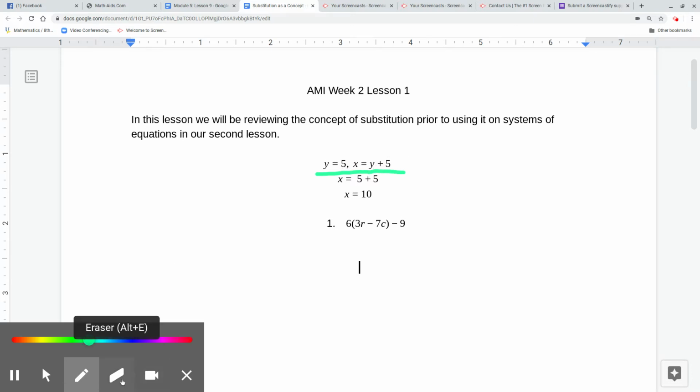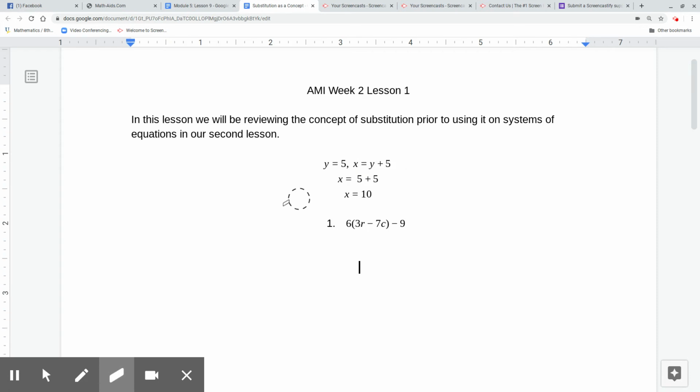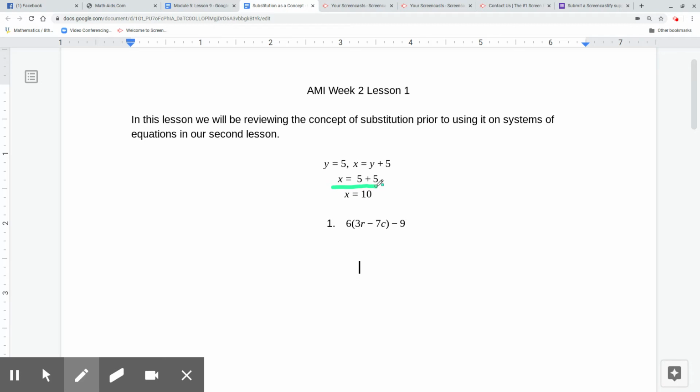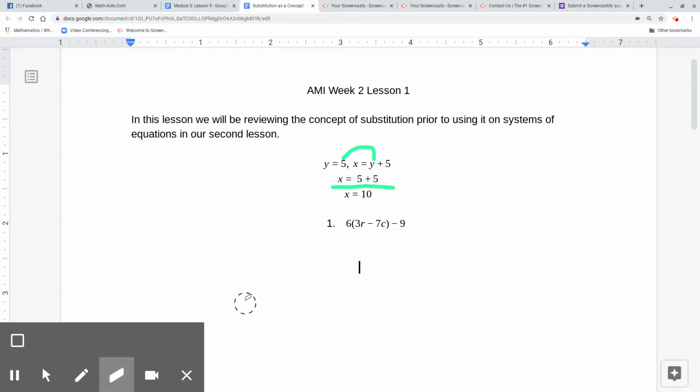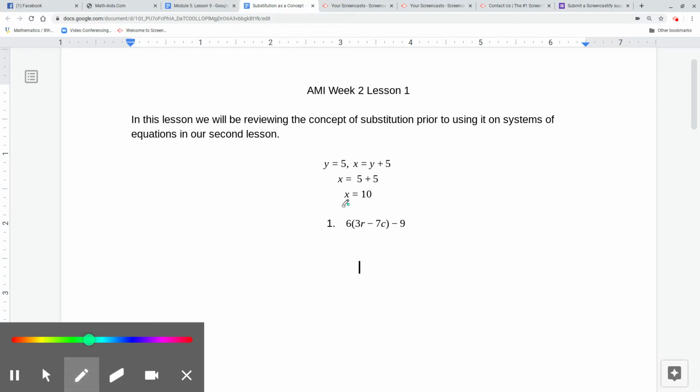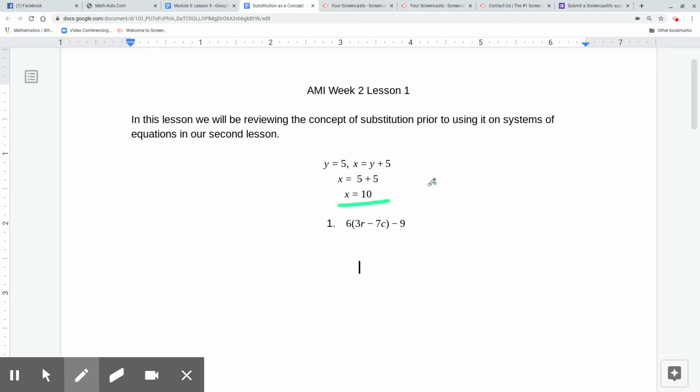So if you look here in the second equation, I have that x is equal to 5 plus 5. We have substituted 5 in for y from the first step. Now, here we would work out the math on one side to see what x is equal to. So 5 plus 5 is equal to 10. And so that is where I get my answer here. Now, this is a really simple example of substitution.